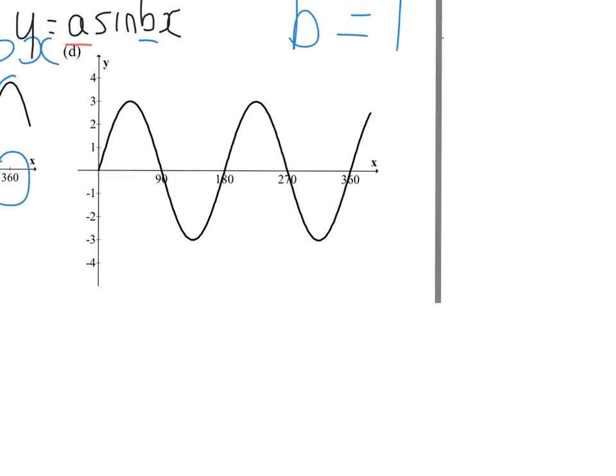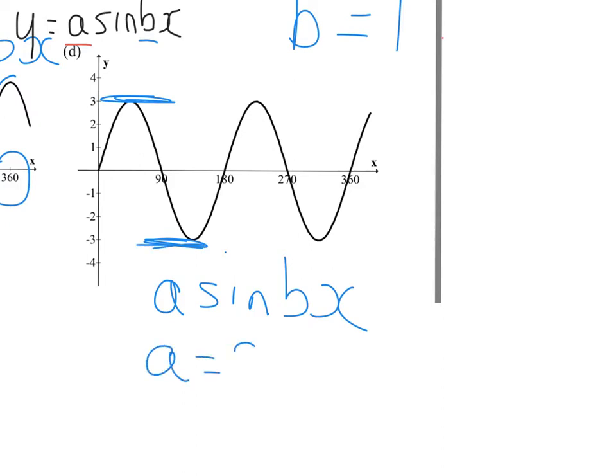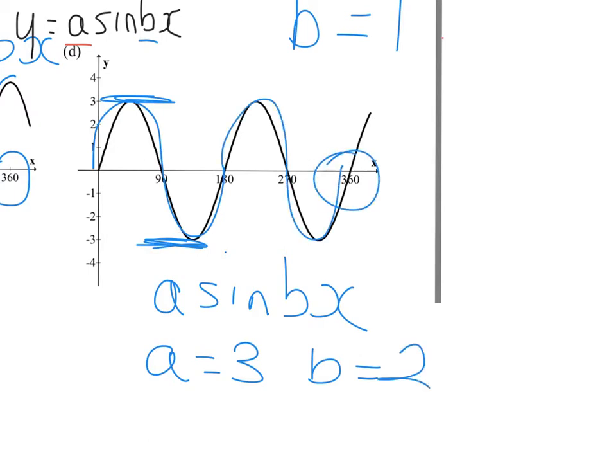Next one, we've got a sine curve again. So a sine bx. The curve goes up to 3 and down to -3, that's 6, half that, and A is equal to 3. We can see that there is 2 complete curves in 360, so B is equal to 2.